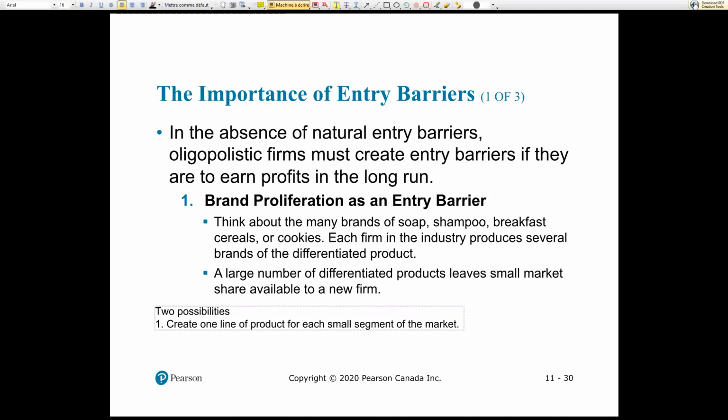An example of that would be airlines, like big airlines, which have their own low-cost alternative.